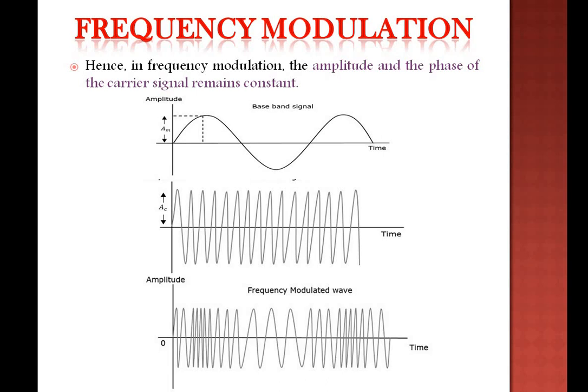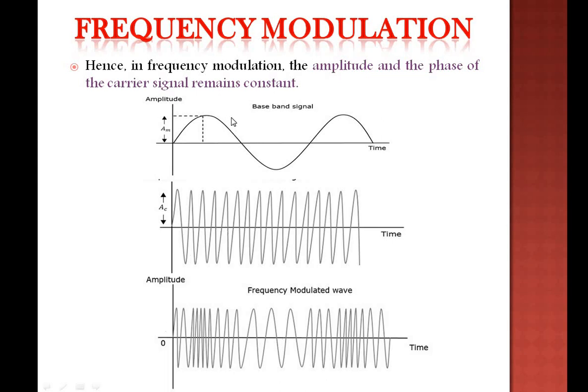The frequency has to be varied in accordance with the amplitude. This peak is the voltage we will be taking. According to this amplitude of the message signal, the carrier frequency will be varied, and the constant terms are the phase as well as the amplitude of the carrier signal.